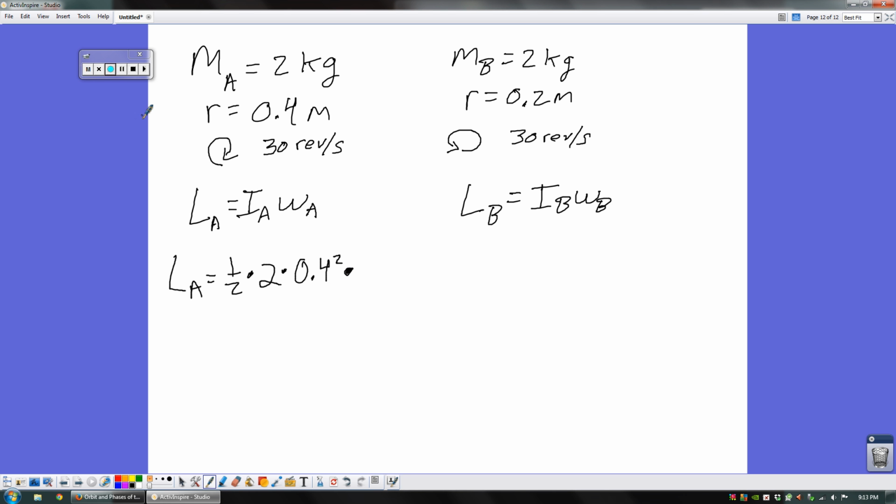Well, 30 revolutions, where each revolution is 360 degrees, gives me 10800 degrees per second.